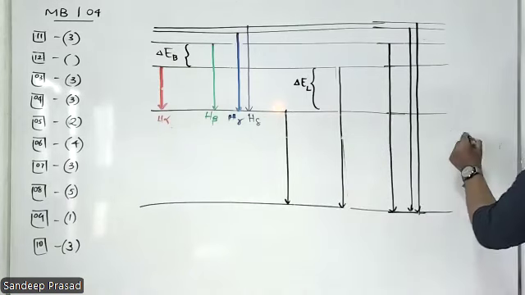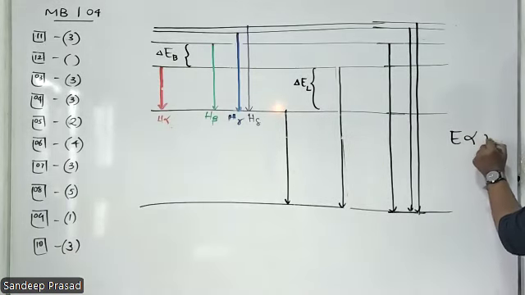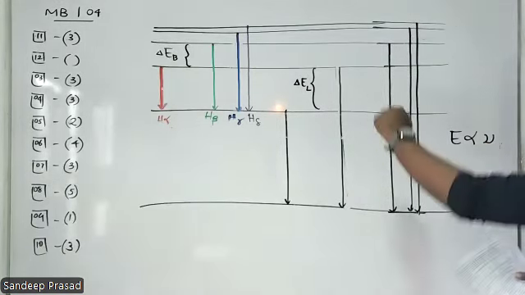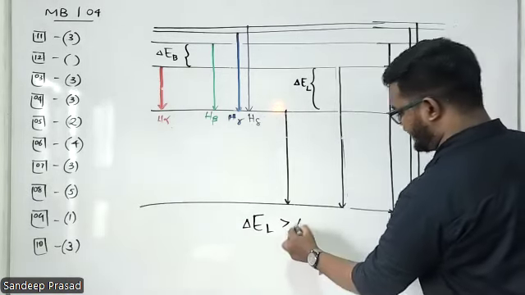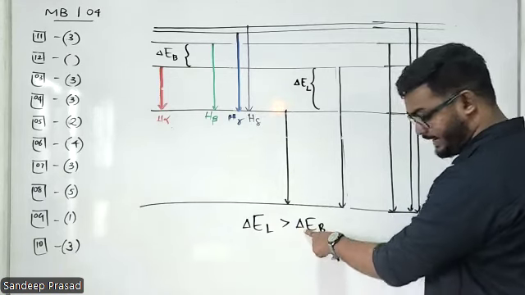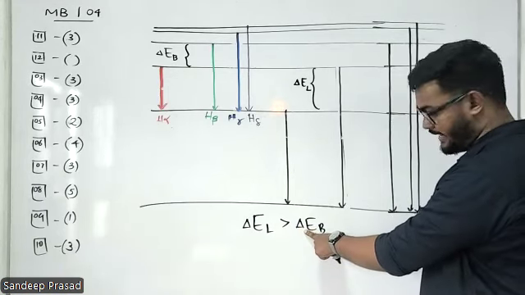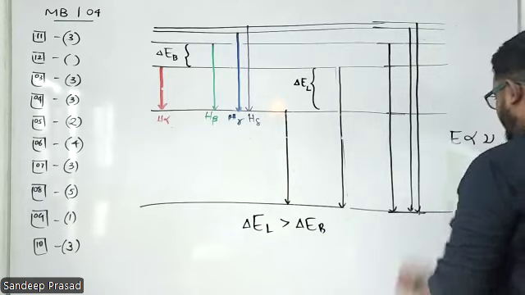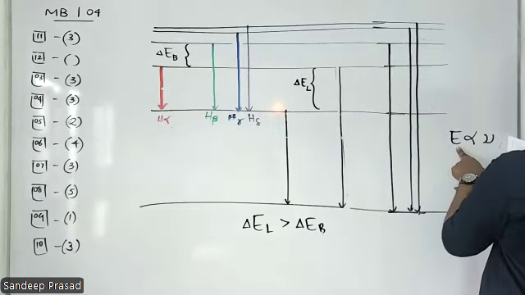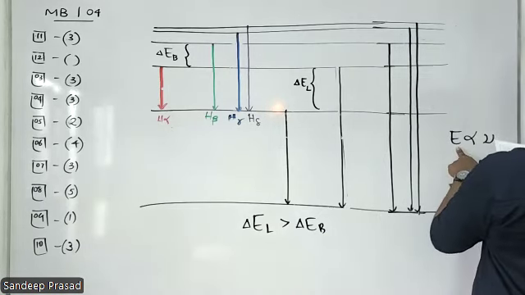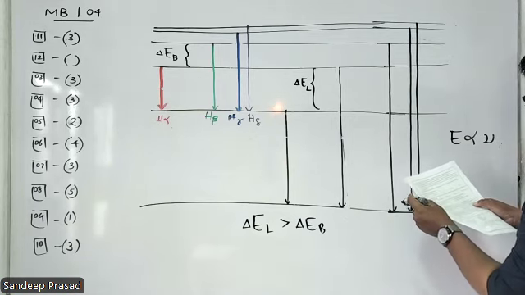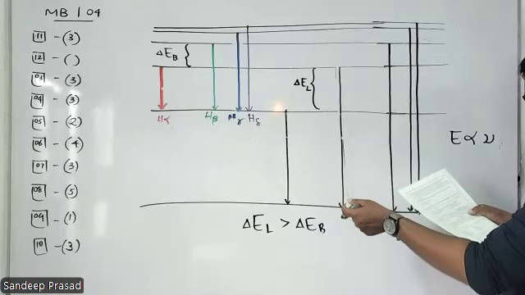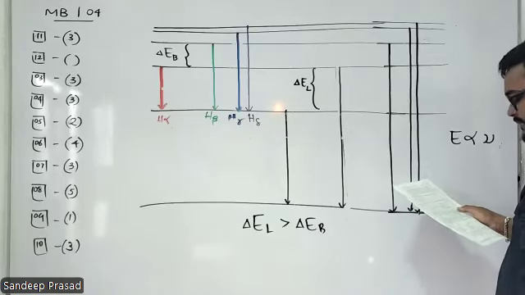I told you that, students, energy is directly proportional to the frequency. As you can see here, delta EL is greater than delta EB. Delta means a difference, okay? Since frequency is directly proportional to the energy, I can say that the frequency difference between the first two lines of the Lyman series is greater than the frequency difference between the first two lines of the Balmer series.